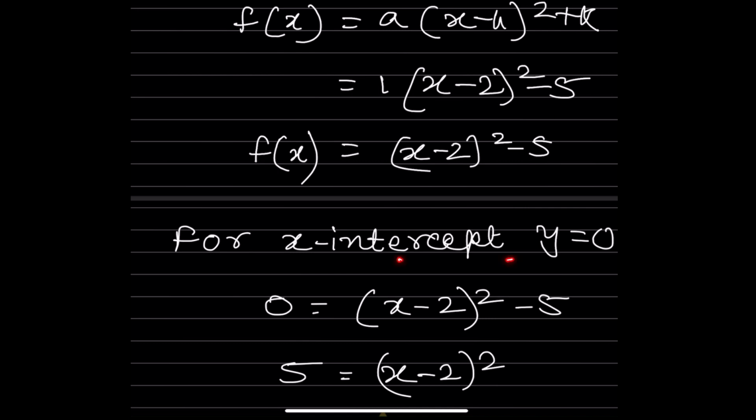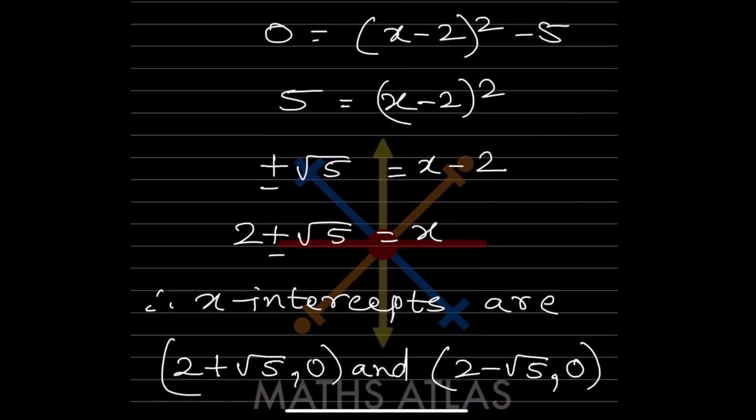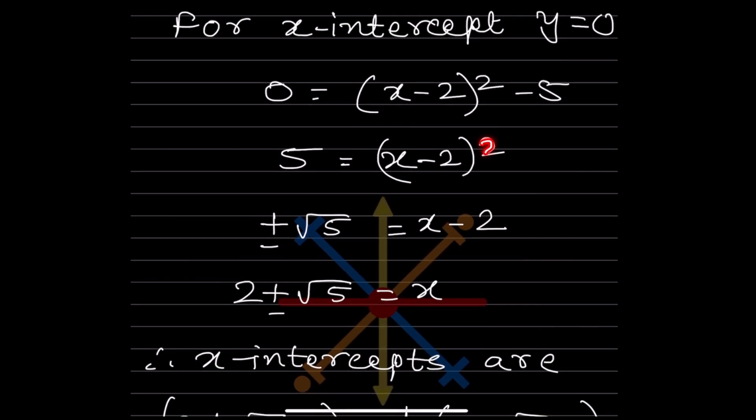So for the x-intercept, y is 0. In place of f of x, which is y, it is going to be 0. Now this minus 5, if we take it to this side, becomes 5. So x minus 2 whole bracket squared equals 5. Now we want to remove this square, so you are going to square root both sides.